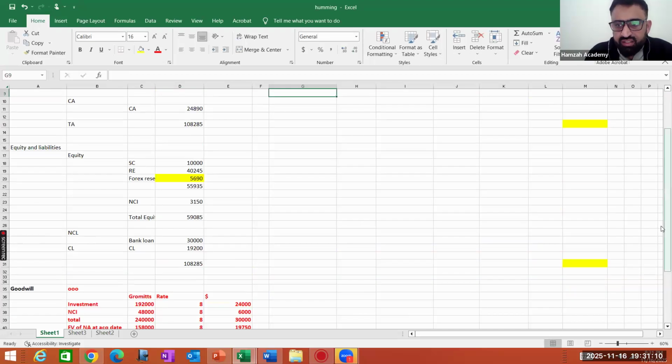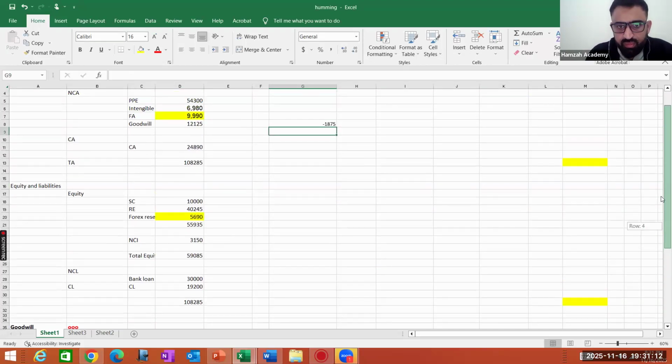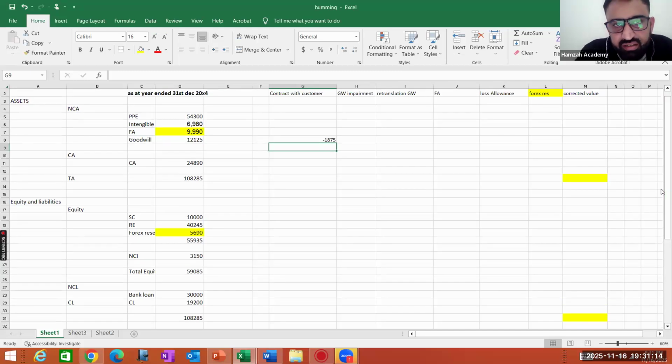So with 1875, the goodwill will be credited, because you will recognize the asset at the date of acquisition with 1875.